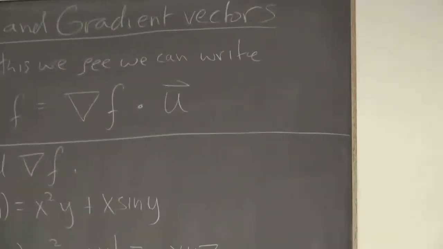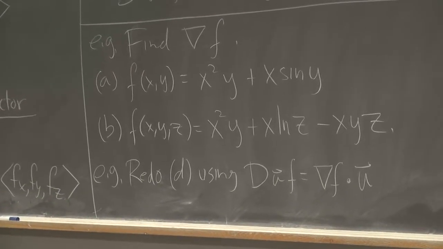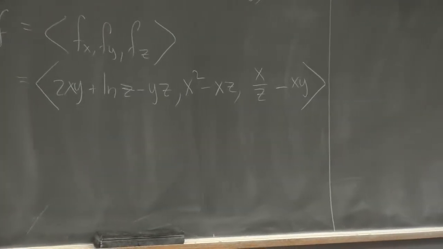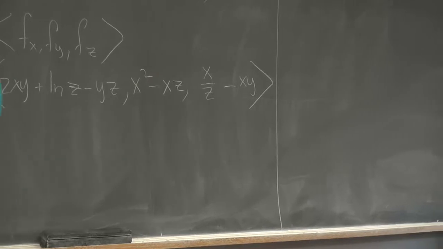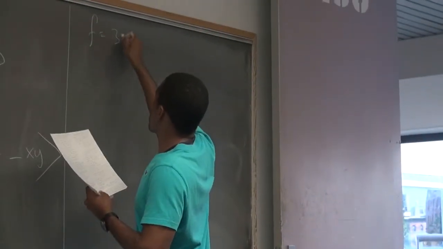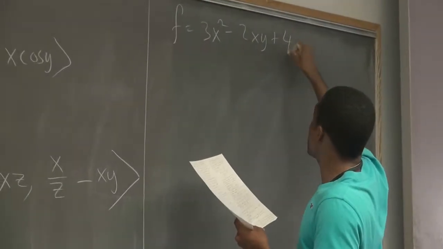What did you mean when you said redo D using the last example? Oh, right. So in the last example we did f is 3x squared minus 2xy plus 4.